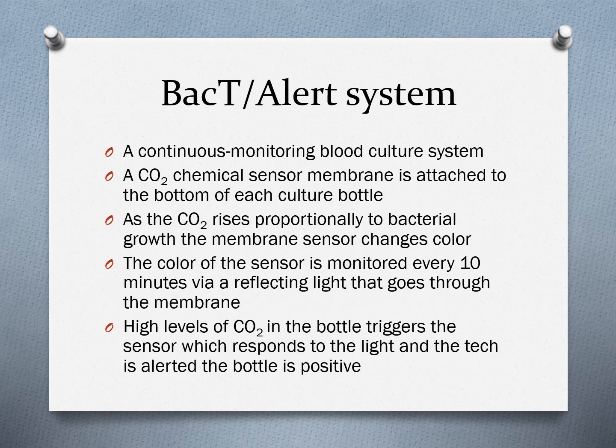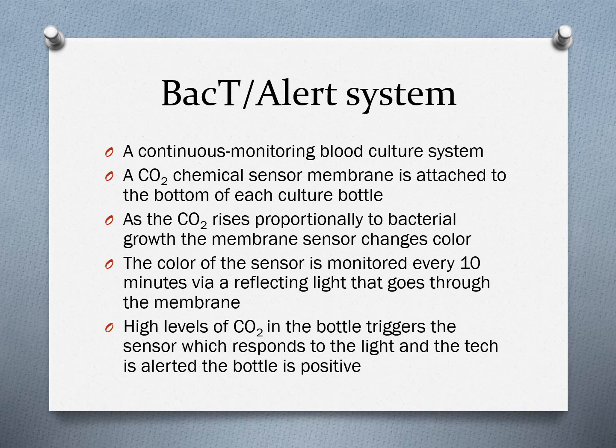The next blood culture system I want to talk about is the BacT alert system. This is considered a continuous monitoring blood culture system because it is placed on an instrument, and that instrument checks for CO2 levels with a chemical sensor. There's a membrane at the bottom of the tube that actually senses a rise in CO2. When that CO2 rises, the membrane sensor changes color.